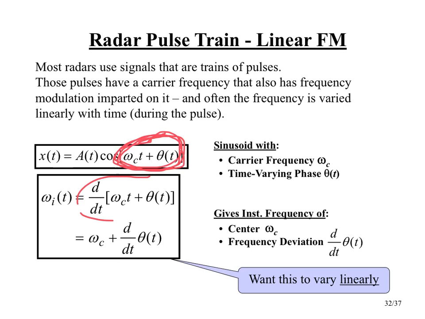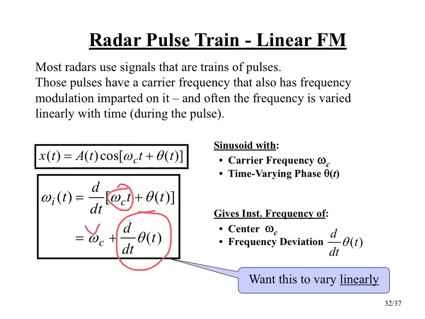If we take this derivative, it will give us a function that shows how the frequency changes with time. We still have this carrier frequency that's like a fixed frequency, but the instantaneous frequency will fluctuate around that carrier frequency. Taking the derivative as indicated through this sum, we get omega sub c, plus the derivative of theta of t with respect to t.